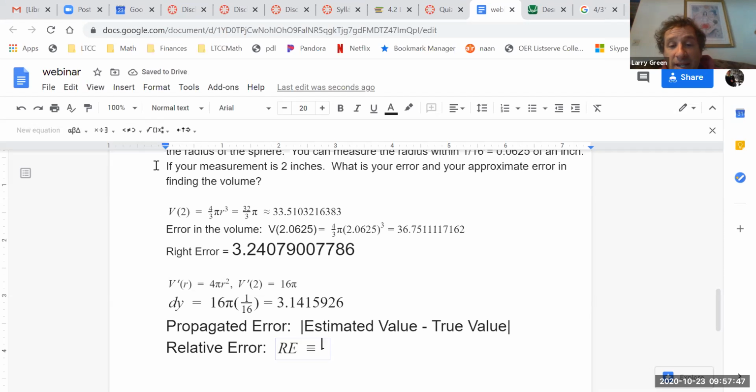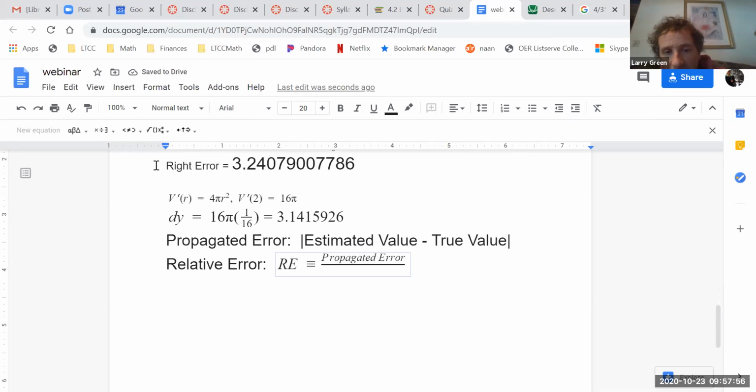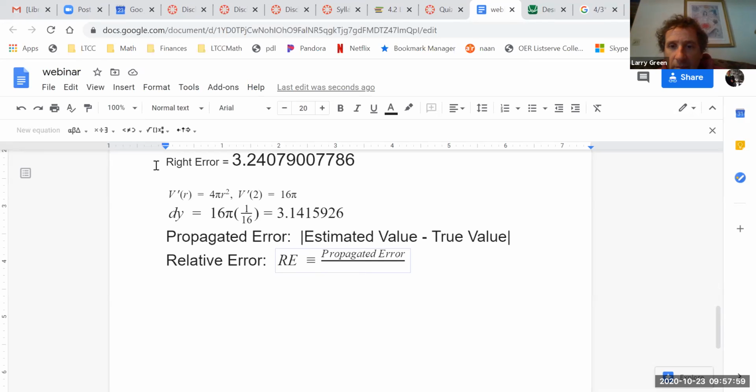We're going to take the propagated error and divide that by the value, by the measurement. Another way of writing that is the relative error is going to be the fraction: the propagated error, that's our delta y, over y, because the measurement is y.